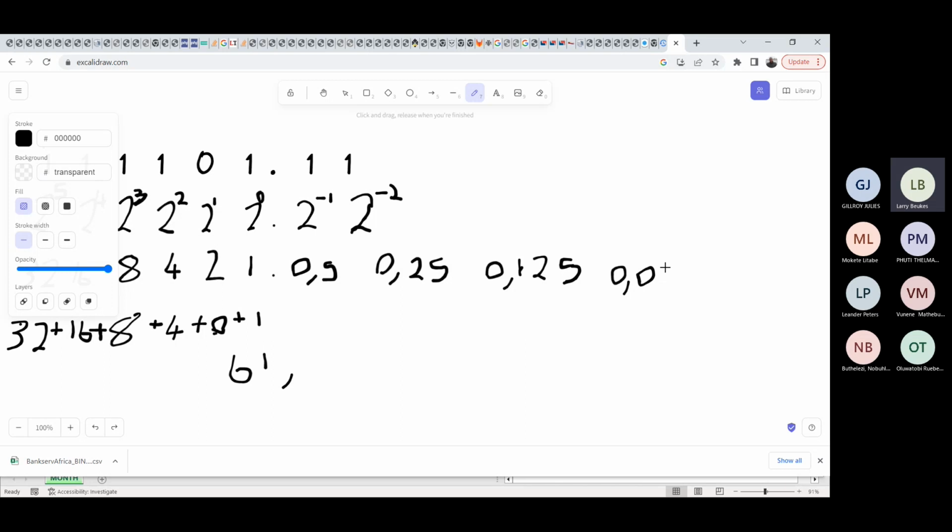I think I'll put them on YouTube, then you guys can just get them from there, because I'm going to delete this after this. So if there was a 1 here and a 1 here, then you know it was going to be 2 to the power minus 3, 2 to the power minus 4. It was going to give you 0.125 and then 0.0625. Okay. So let's focus on the problem now.